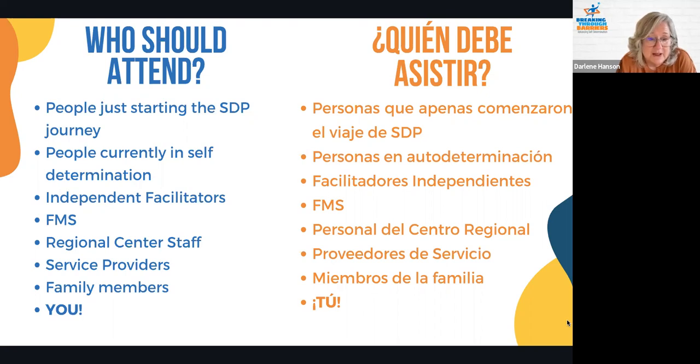You might be a community-based Taekwondo company that's serving people, and this can help you understand more information. And of course, family members, and then all the persons who are self-determined, we want you to join too. So that kind of covers the who.